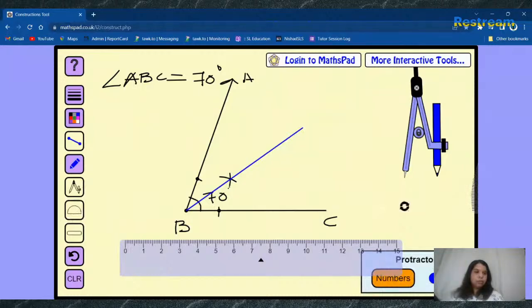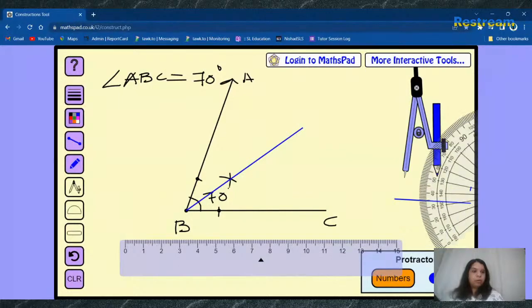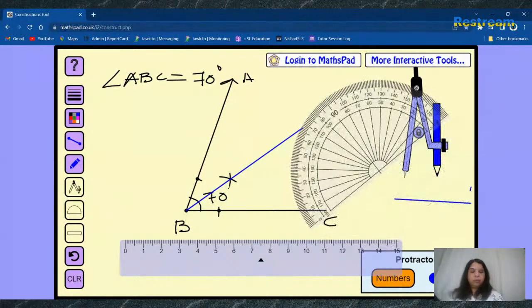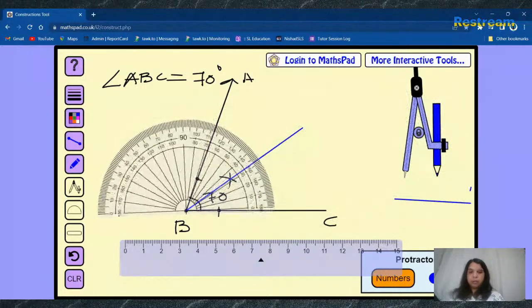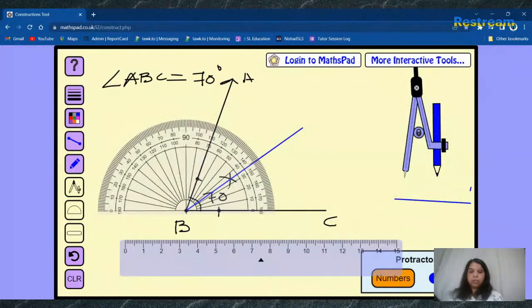So what is going to happen is, where is the protractor? Hello, come here. Put it outside the. Okay, so I again point it here, make it 0.